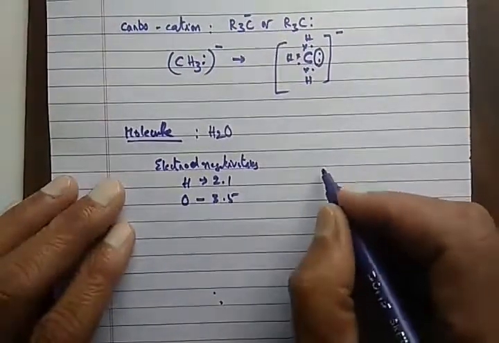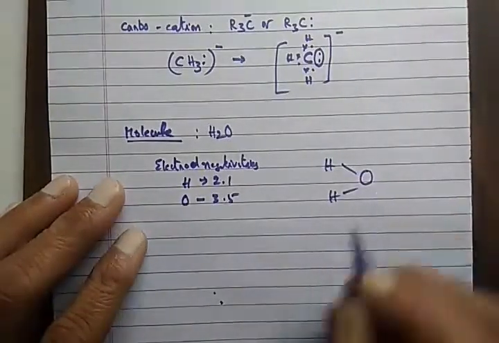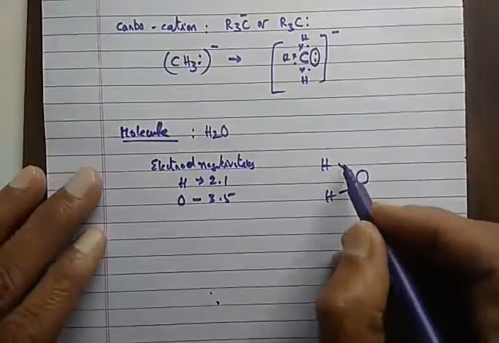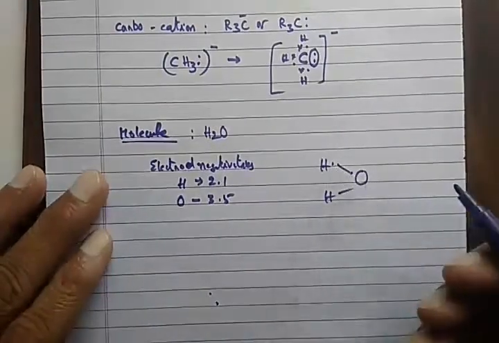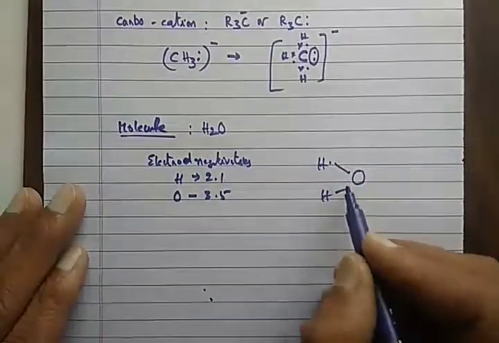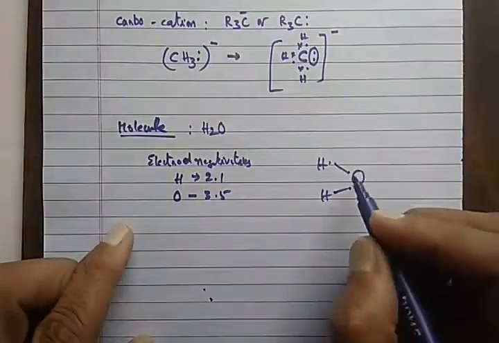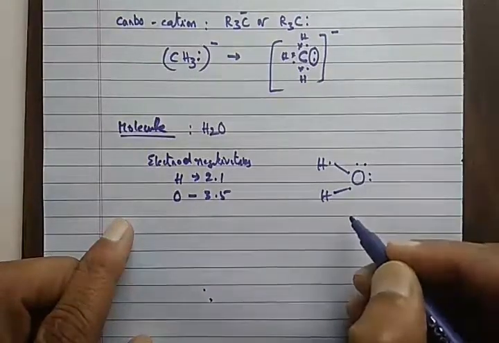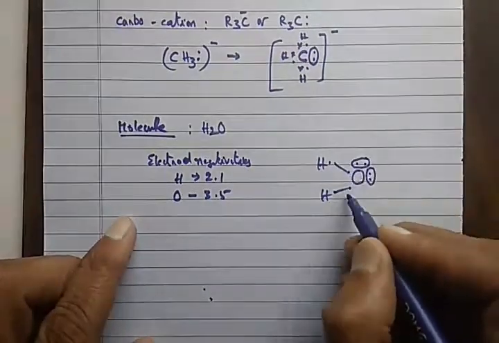Let us draw a simple diagram of water: two hydrogen atoms and one oxygen atom. One hydrogen and oxygen bond will have two electrons, and here also two electrons. In addition to that, it will have two more lone pairs of electrons. 1, 2, 3, 4, 5, 6.